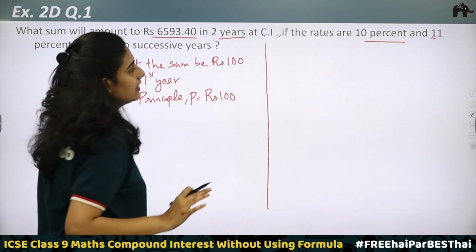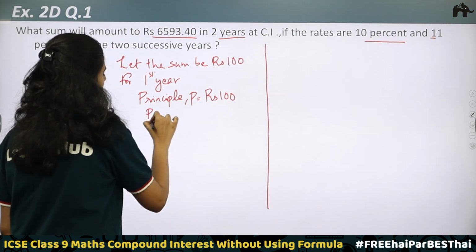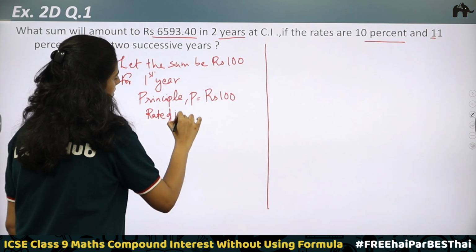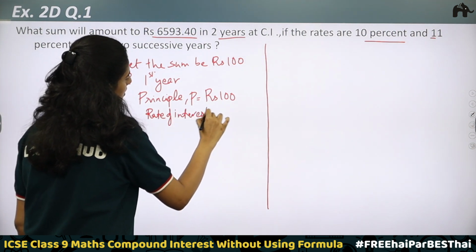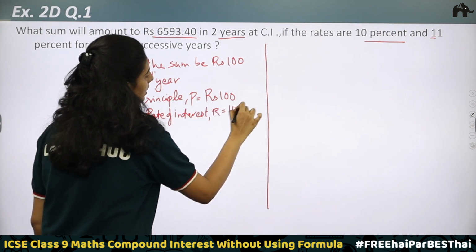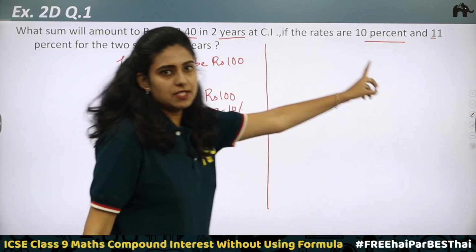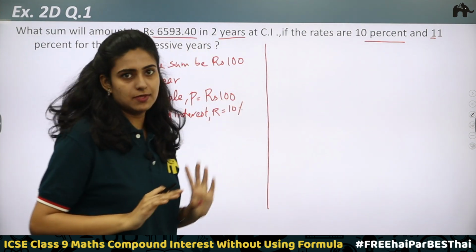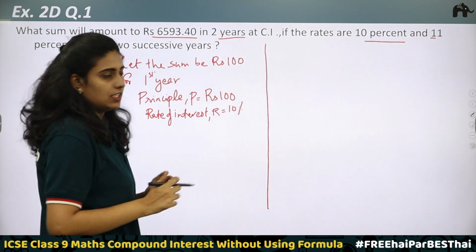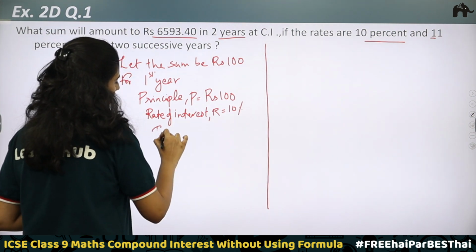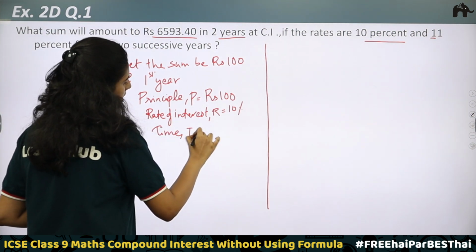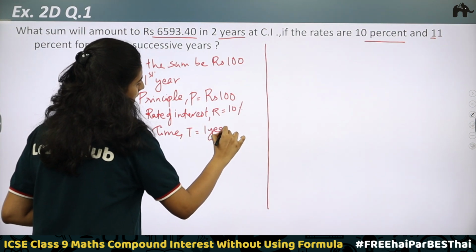Second, what is given? The rate of interest is given. Rate of interest R is equal to 10%. For first year it is 10% and the next year it is 11%. Number of years or time T is equal to 1 year.